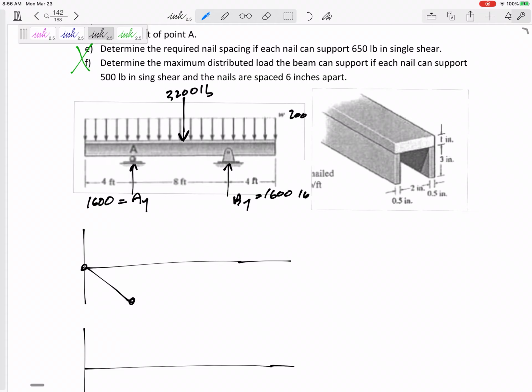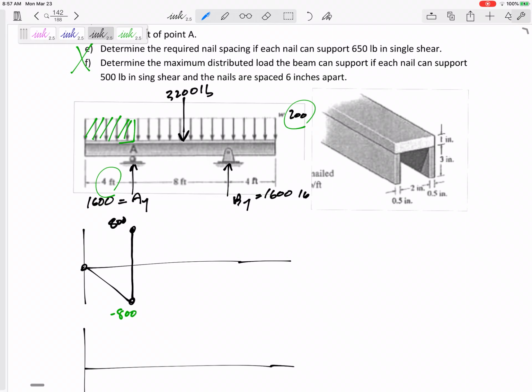What value does it go down? Well, that area right there, which is 200 by 4, so it goes down to negative 800, then immediately jumps up by 1,600, so now we're at positive 800.